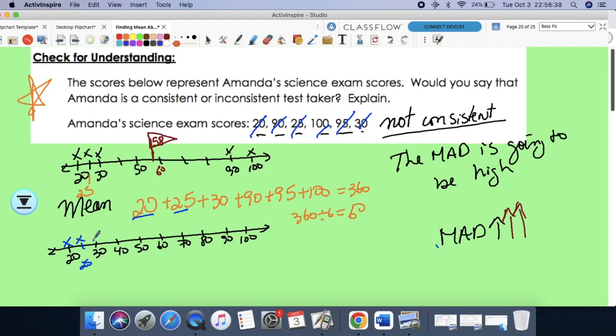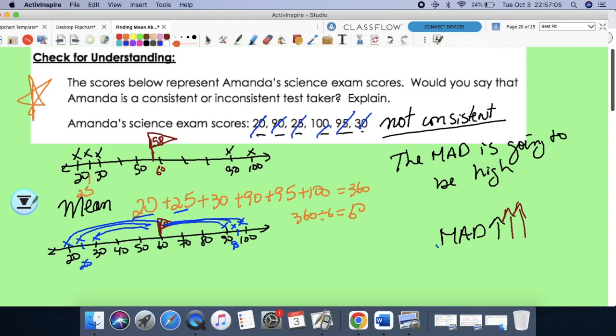We have a 30. We have a 90. We have a 95. We have 100. What's our mean? I'll put a red flag here. Here's our mean, 60. Now, do you think these numbers are close to 60 or are they far away from 60? Well, they're pretty far away from 60.